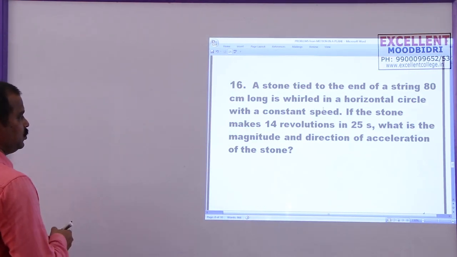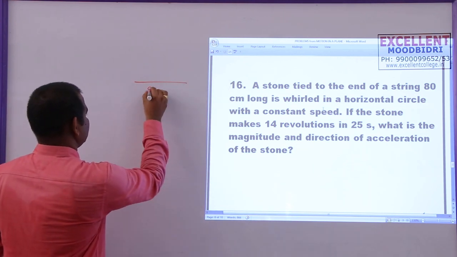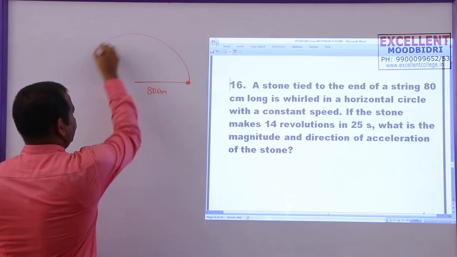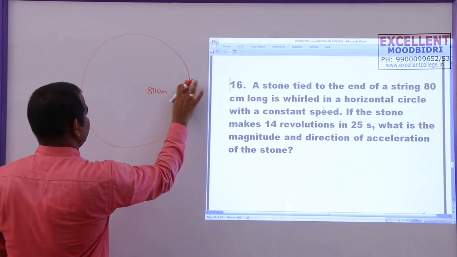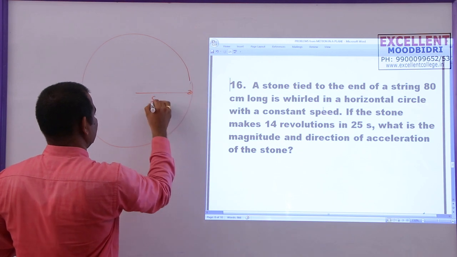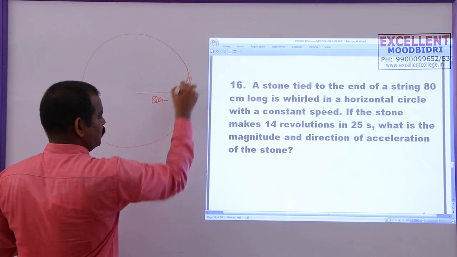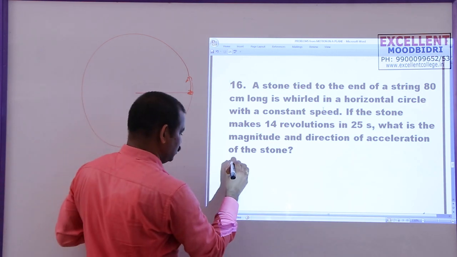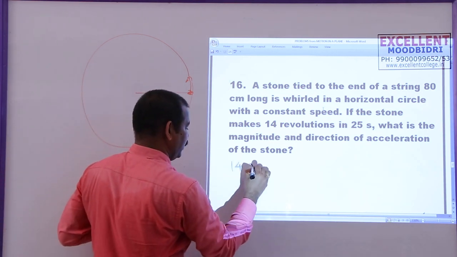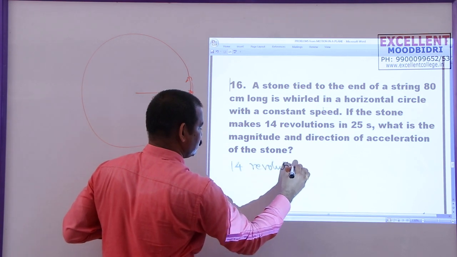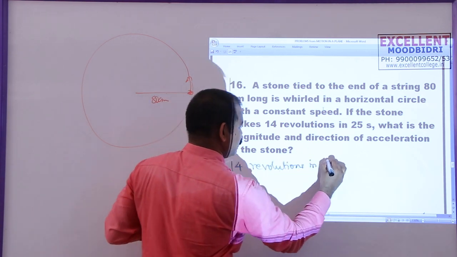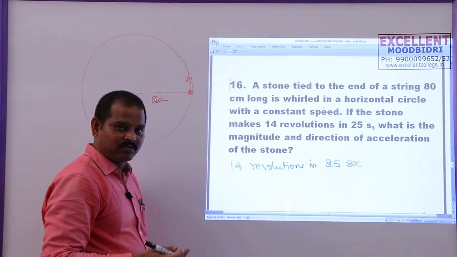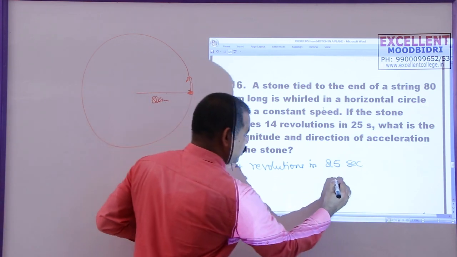A stone is tied to the end of a string 80 centimeters long. So this is the 80 centimeters long string and the stone is tied to this one. It is whirled in a circular path like this. This is 80 centimeters. Now, if the stone makes 14 revolutions in 25 seconds, we know that frequency is the number of revolutions made by a body in 1 second.